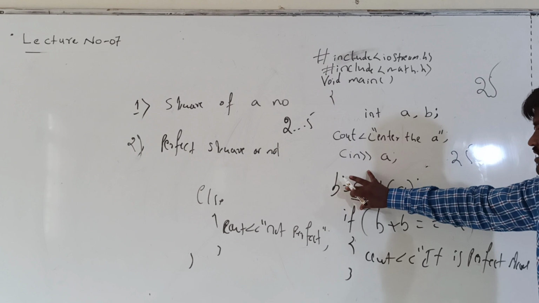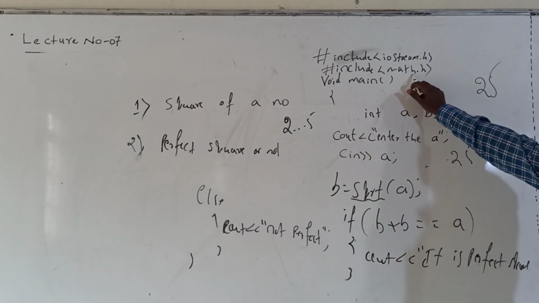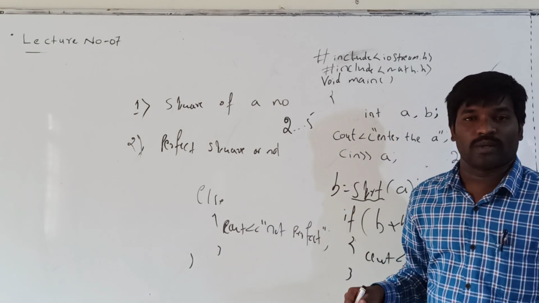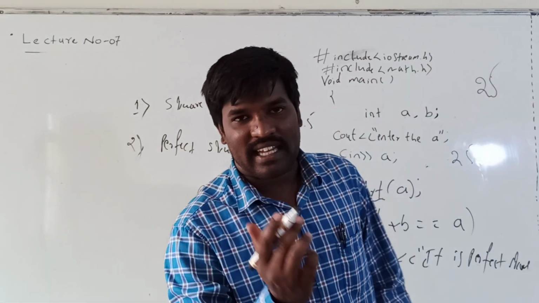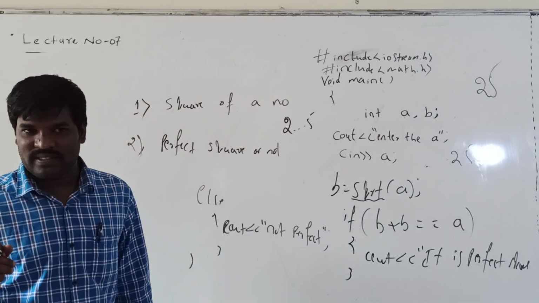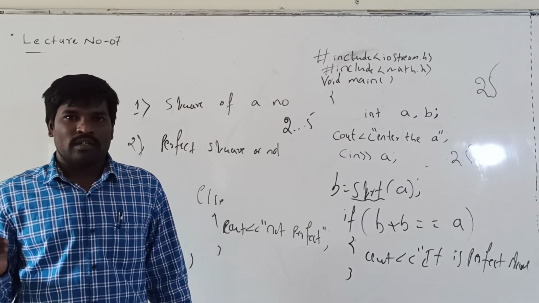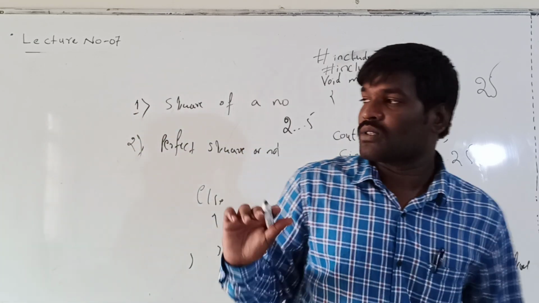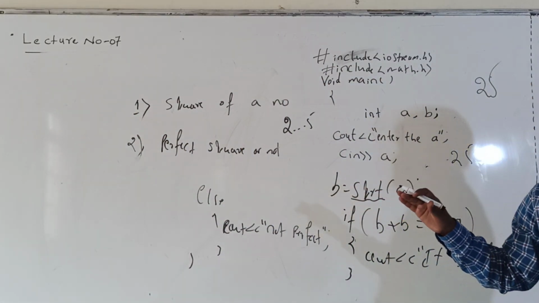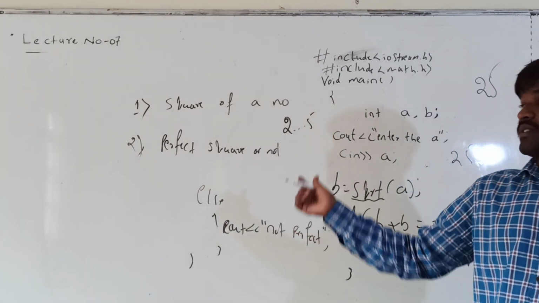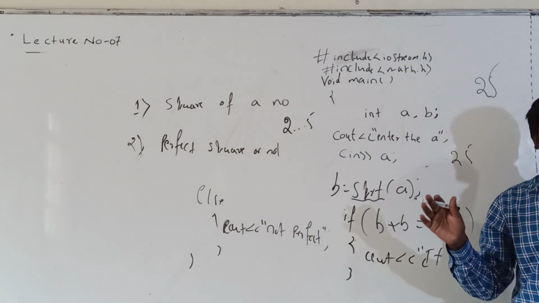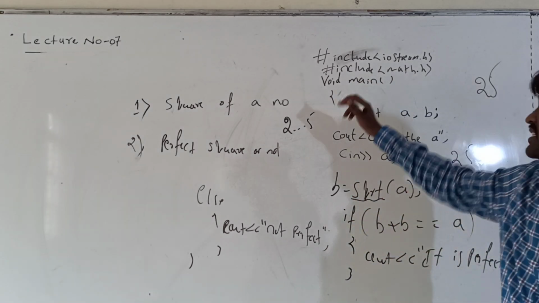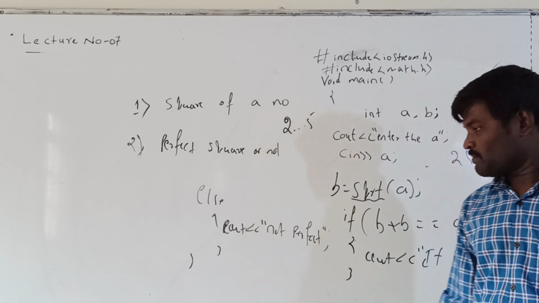If you want to use this function, this header file will provide the mathematical functions like square root, power, sine, cos, trigonometric functions, and string functions. There are so many functions. Whatever functions are related to mathematics, this header file provides them. If you want to use SQRT, we compulsorily include math.h.